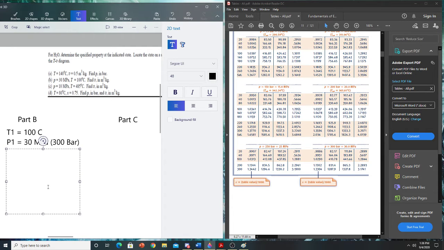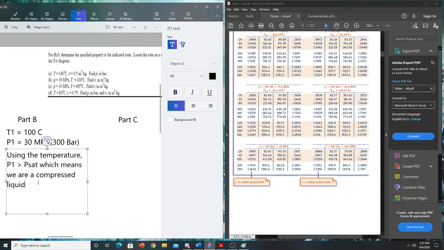Let me see. I'm going to write this out in better steps. Using the temperature table, so I'm going to talk this out again. Using the temperature table, pressure 1 is greater than Psat, which means the fluid is a compressed liquid.